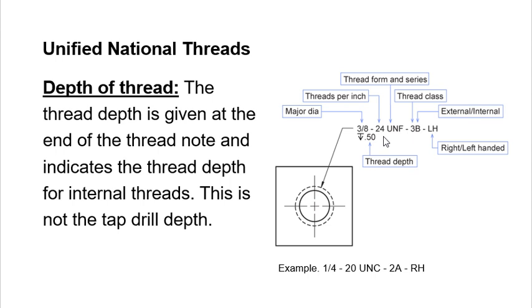I don't know why every student has issues with the first 2. Don't forget, the very first one is your diameter, and the second one is the number of threads per inch. I don't know why you always have issues and give me this as a diameter.